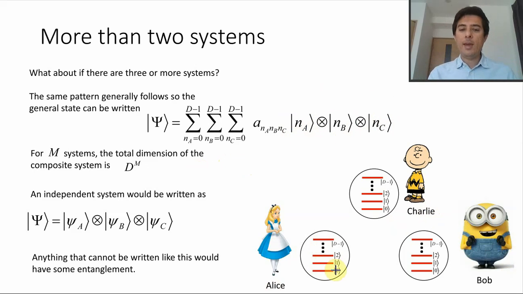If each of them has a d-dimensional system, then the total number of distinct states would be d cubed, because there are d cubed combinations of states. Or if you had m systems, Alice, Bob, Charlie, Dave, Yvette, and so forth, then the total dimension of the composite system will be d to the power of m.